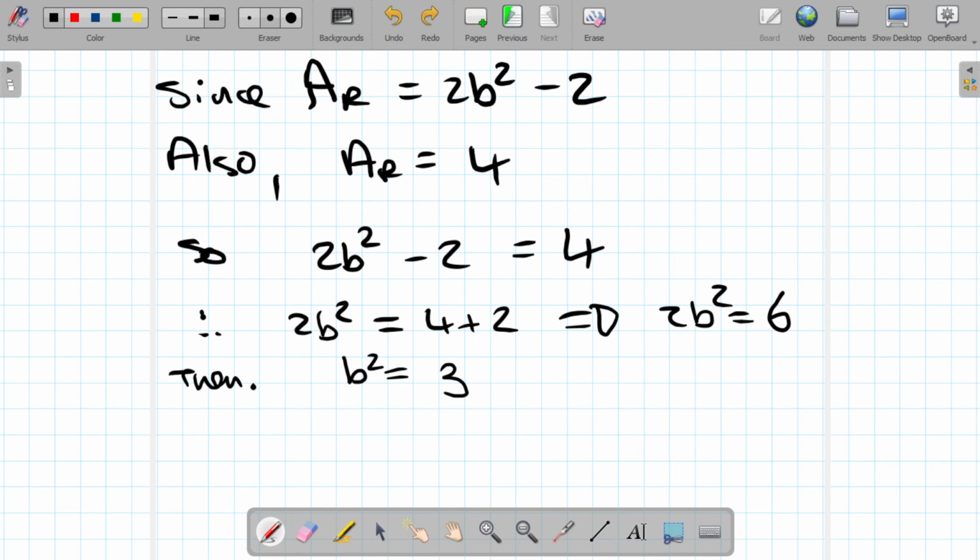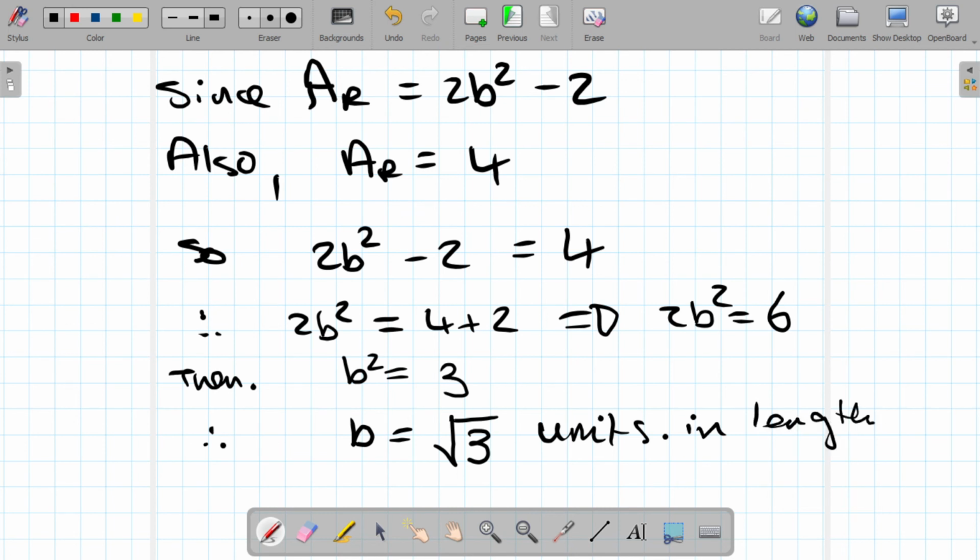So we can infer from this that b is equal to the square root of 3. I don't think I stated it right at the beginning, but this question can be in any units you like. I think the original question my friend proposed to me was in centimetres, but we'll just put root 3 units in length.